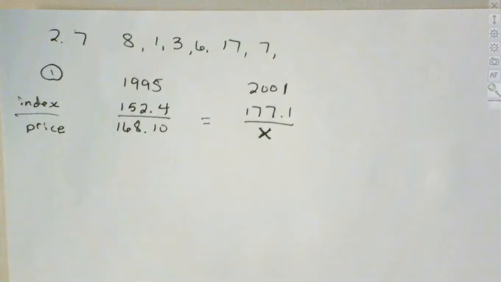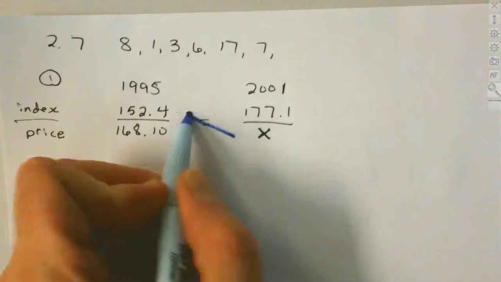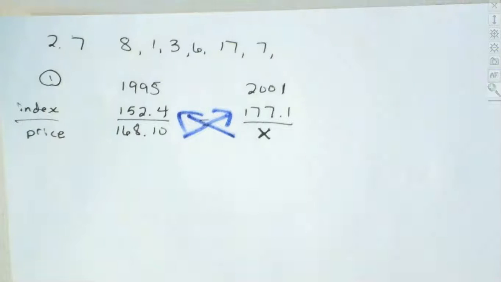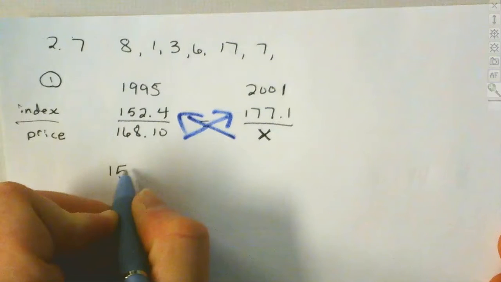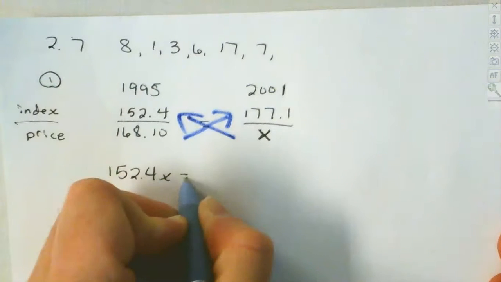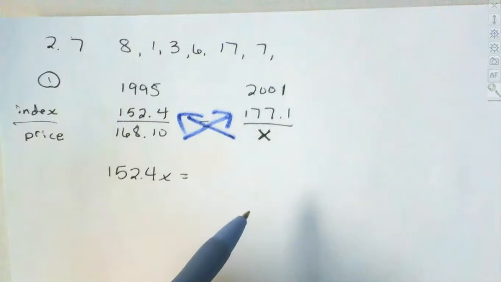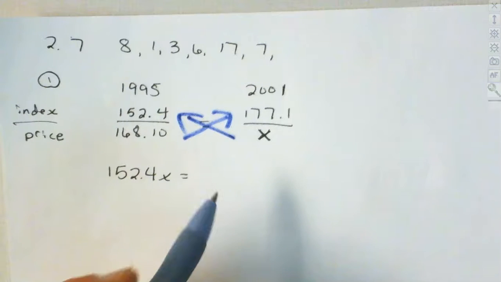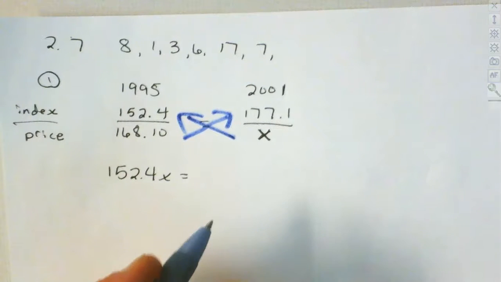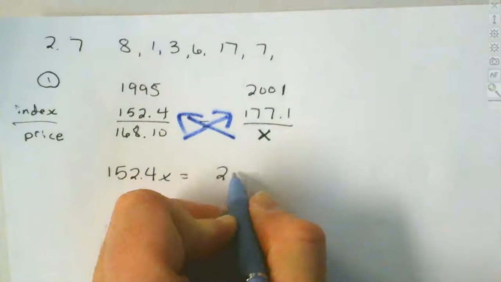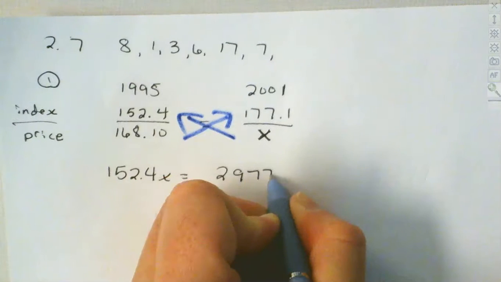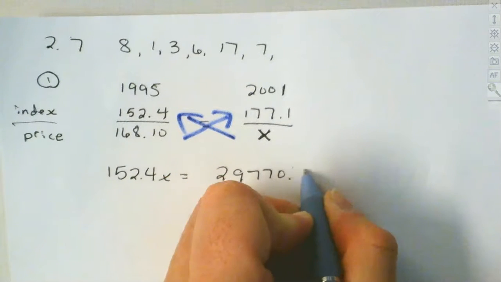Okay, so now we can just cross multiply very quickly here. That's going to give us our equation: cross multiply and then divide. So that's going to give us 152.4x, and that equals those two multiplying together. So 168.1 times 177.1 gives you 29770.51.